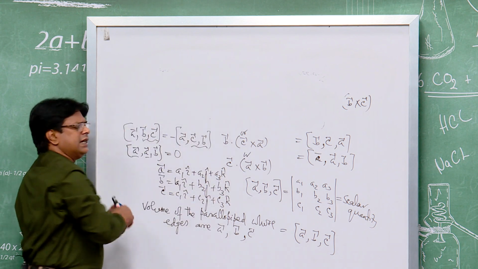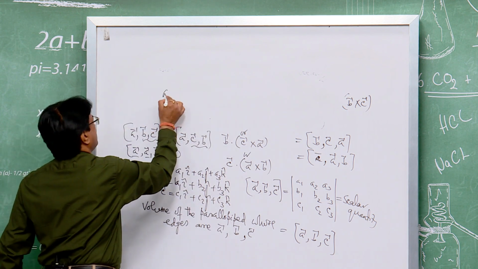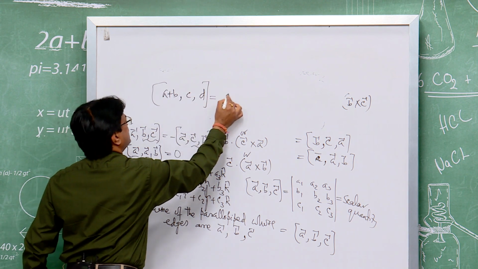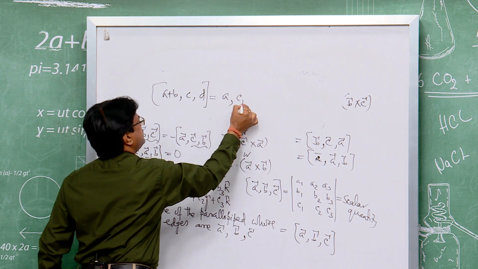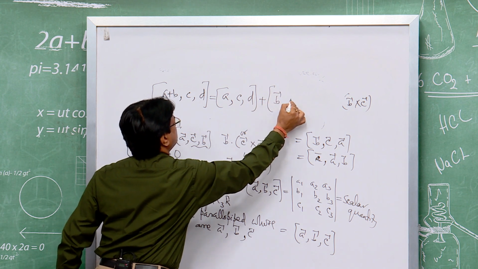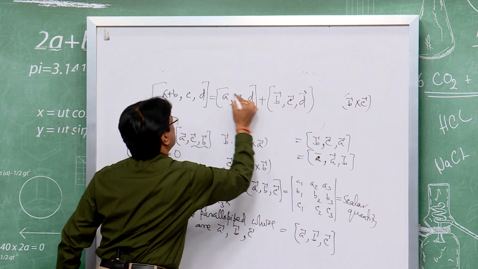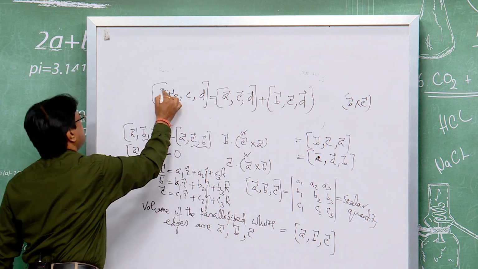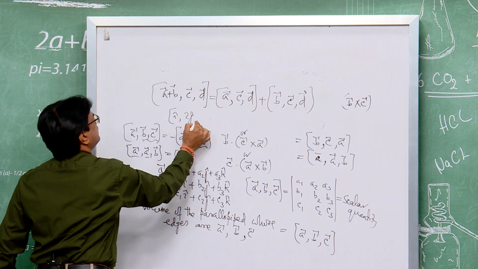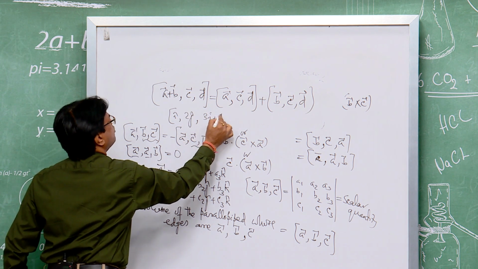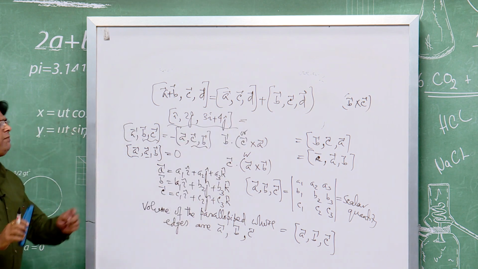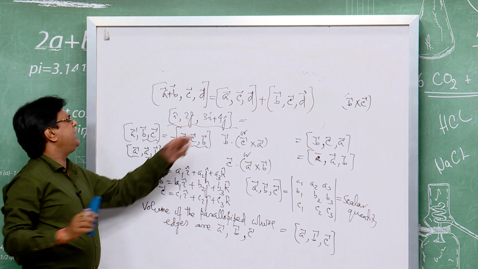Suppose you are given the scalar triple product of A plus B, C, D. Then we can write the scalar triple product of A, C, D plus that of B, C, D. Suppose you are given i, 2j, 3i plus 4j. What is the value of this? Only verify i, 2j, 3i.